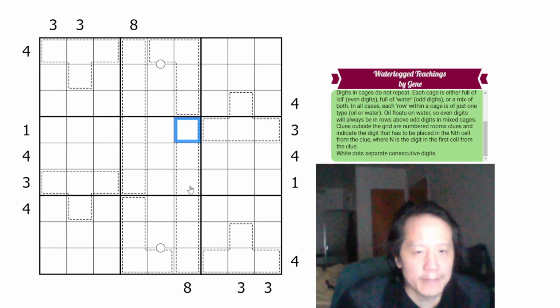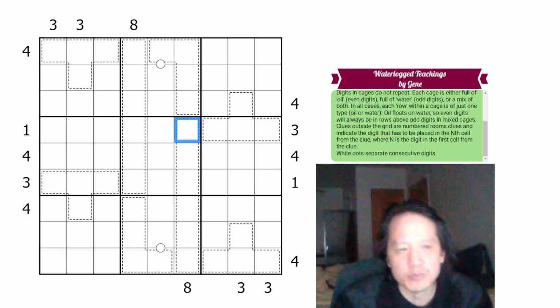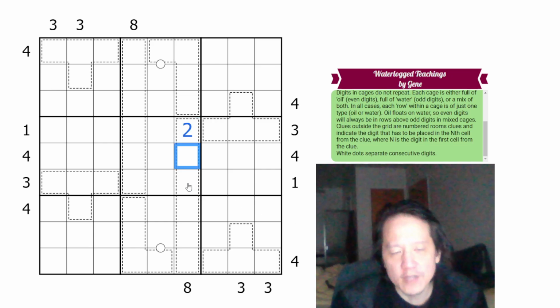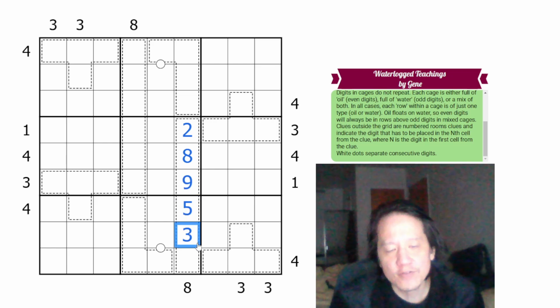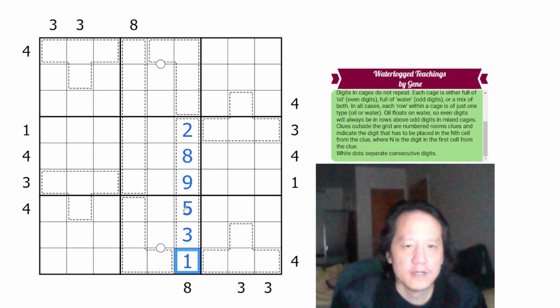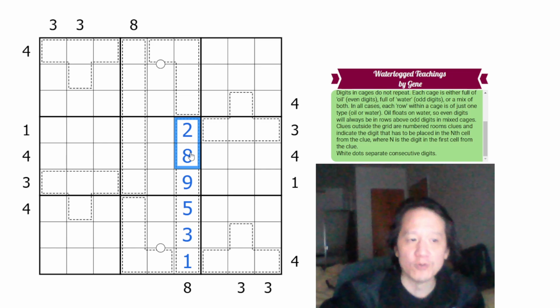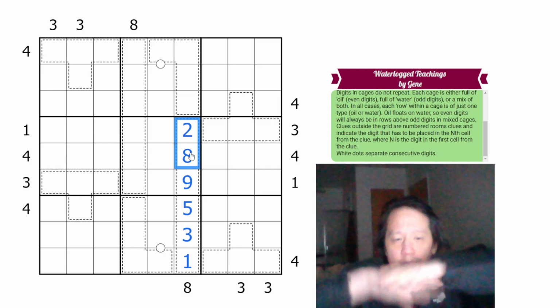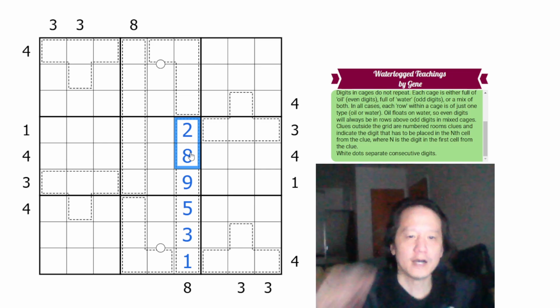So as an example, this would be like 2, 8, 9, 5, 3, 1. So all the odd digits are at the bottom, below all the even digits, which is the oil. So remember, the water is all on the bottom. The oil must be on top.